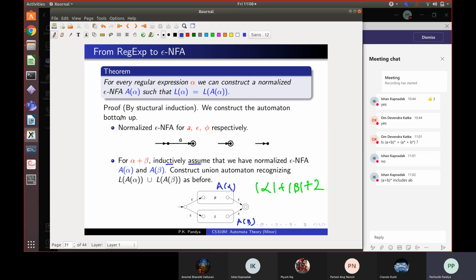I told you this was half of Kleene's theorem. The other half is the converse. Kleene's theorem says that for every automaton, every NFA, we can construct a language-equivalent regular expression also. Okay, so good question, but we'll see it in the next class. Who was asking the question? Can you say your name, please? Ishan. Okay, fine.